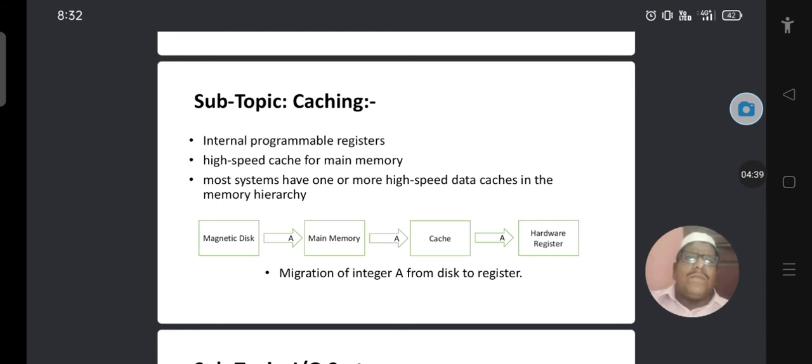Most systems have one or more high-speed data caches in the memory hierarchy. Now we will explain the magnetic disk, main memory, cache, and hardware register. Every action is noted down in caching. Migration of integer A from disk to register.